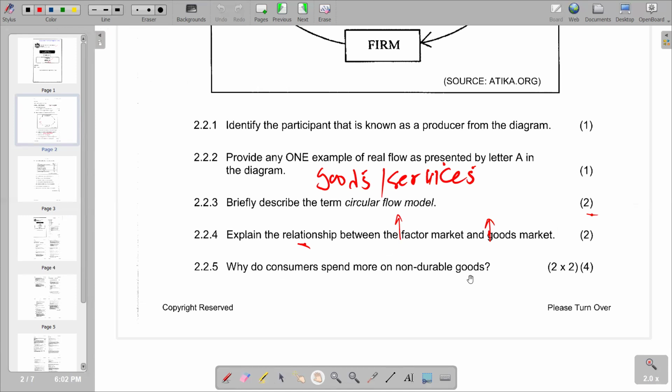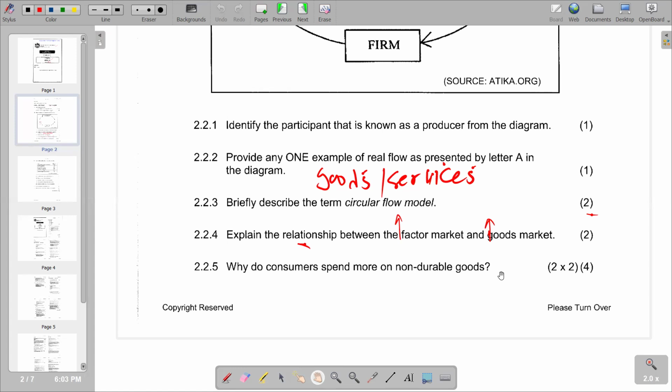So remember, we've got durable and non-durable goods. This question is saying, why do consumers spend more on non-durable goods? Remember, non-durable goods are those goods that do not last for a long time. And obviously, these goods are also cheaper compared to durable goods. So consumers spend more on non-durable goods because they are cheaper.